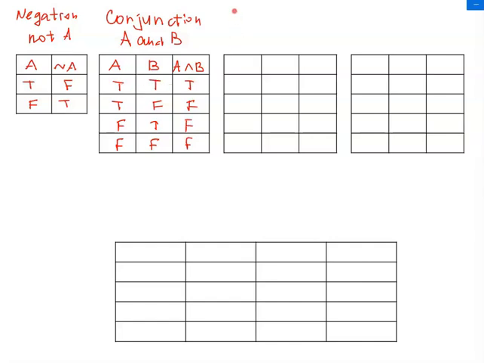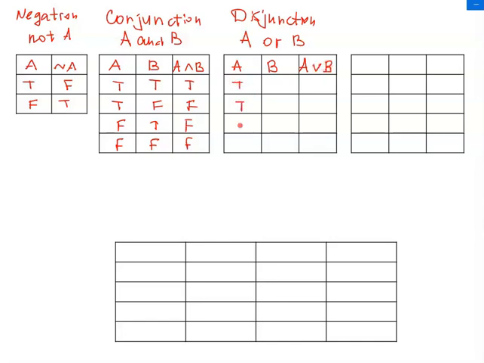Now, third rule is disjunction, which is A or B. And I will create a table here, A, B, and we're using symbol which is like V symbol.